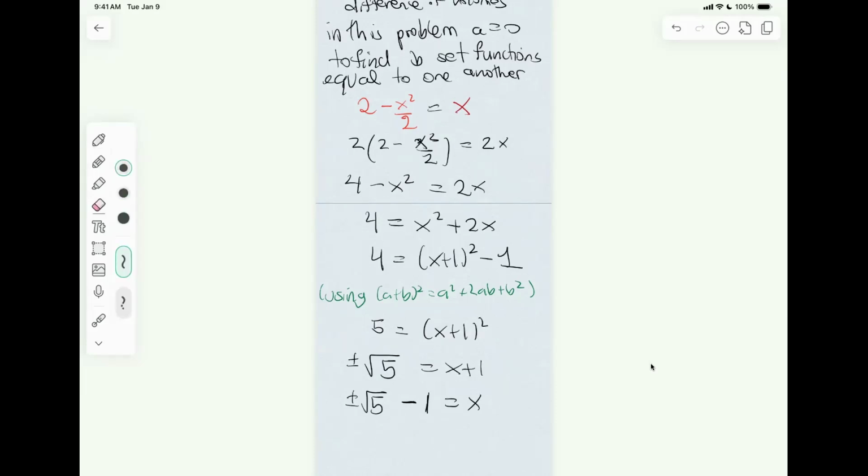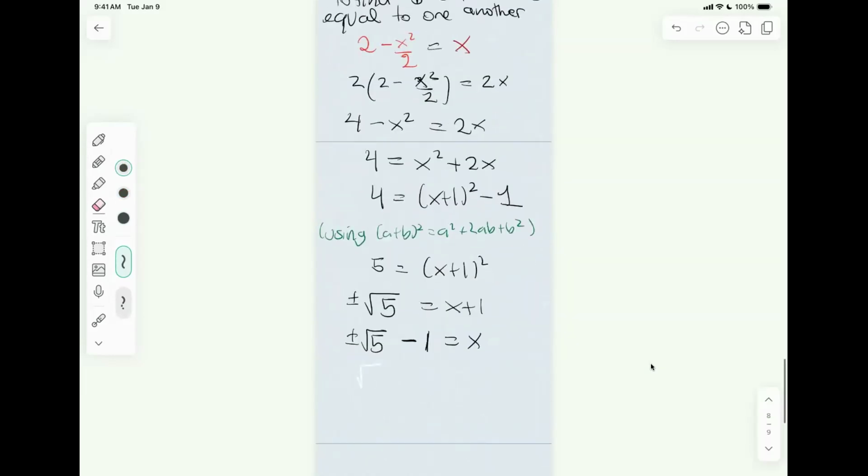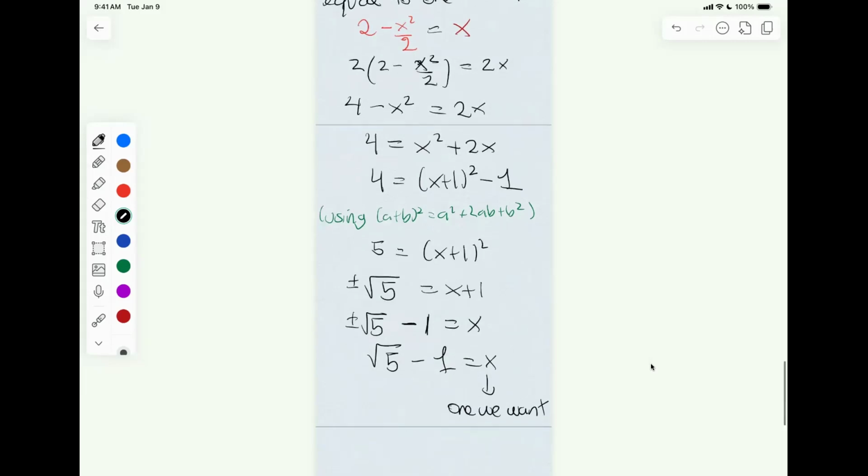The plus solution is root of 5 minus 1, which is what you would also find if you were to use the quadratic formula. That's actually where the quadratic formula comes from: you do a similar trick to the one I just did. It's a more elegant way to do it, but of course, feel free to use the quadratic formula whenever you want. So this is the one we want, because it's positive.